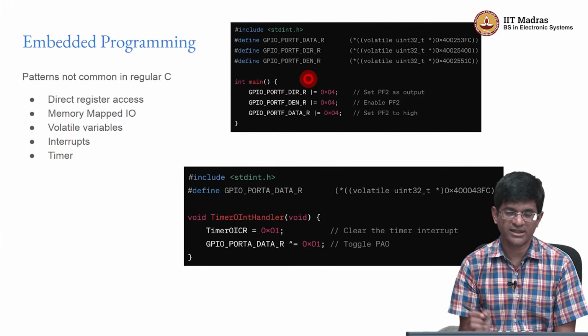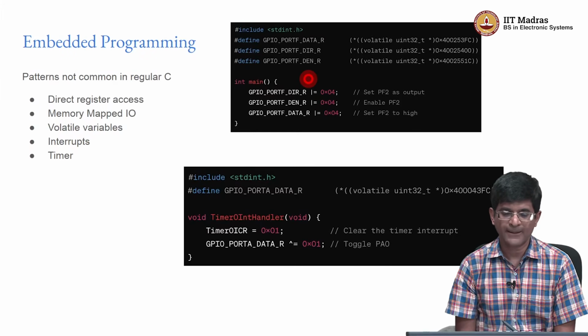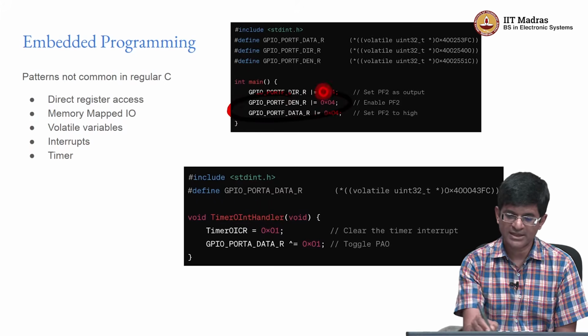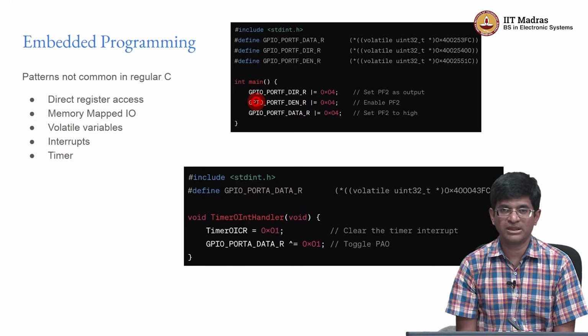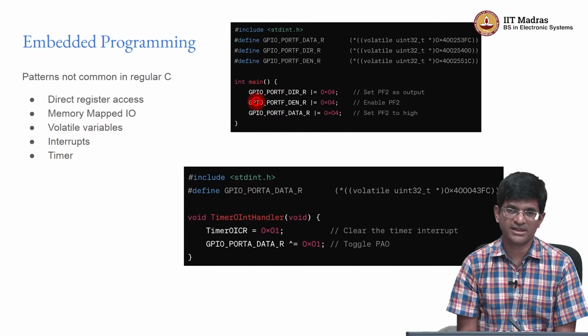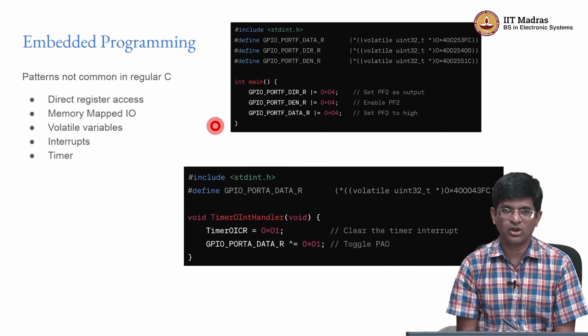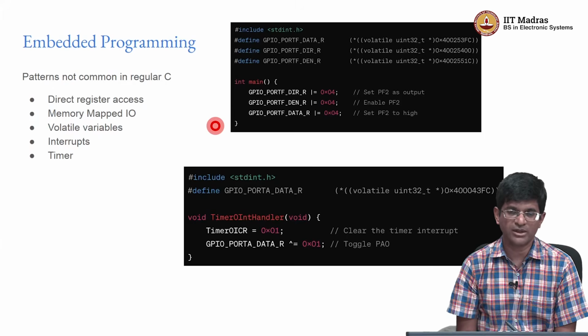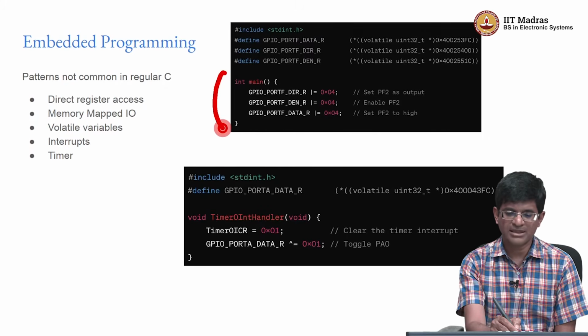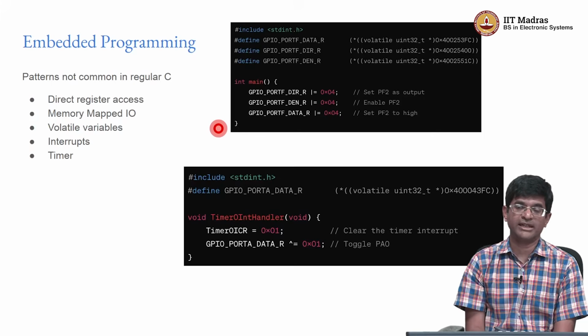It's a 32-bit register, but I want to set one of the bits to 1 to indicate that it is being enabled as an output signal. Then I have to enable it explicitly by writing a similar value into another register or another address, and then finally I can actually change the data on it, or toggle the pin so that it goes high. So all of this is a pattern that is very common in embedded programming.